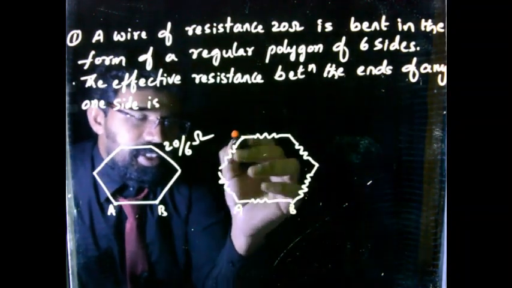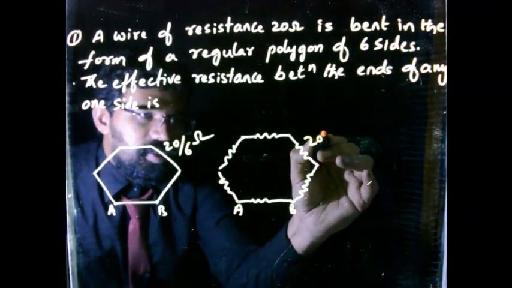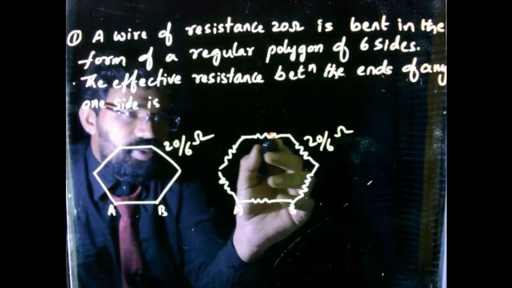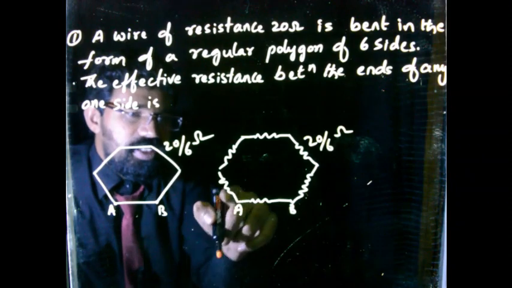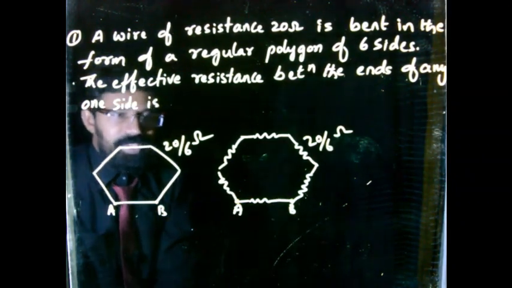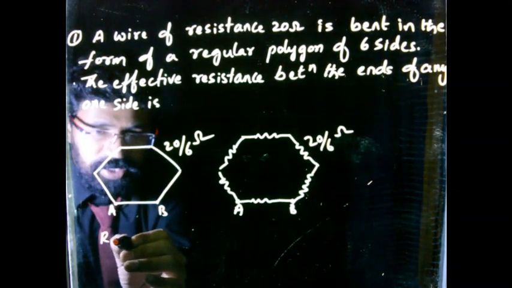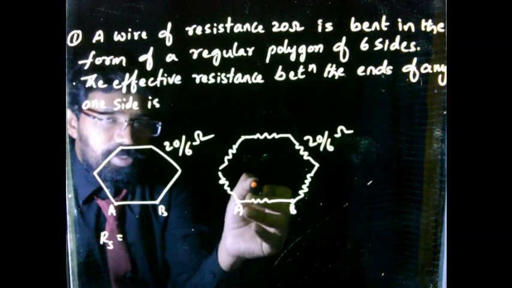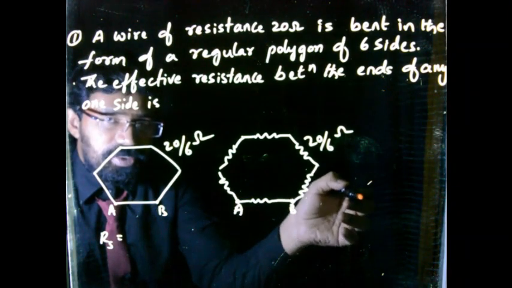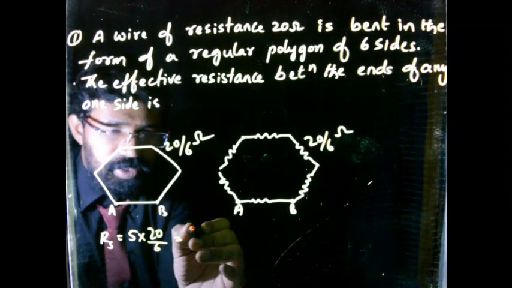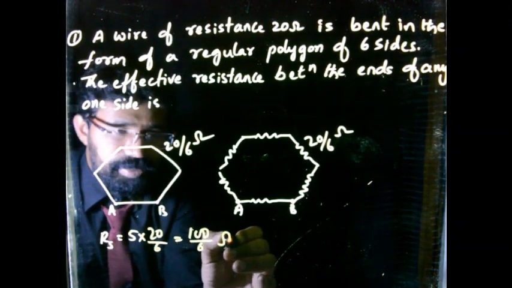So what is each resistor's resistance here? 20 by 6 ohms. All these 5 resistances are in series with respect to these 2 points, isn't it? If they are in series, effective resistance RS will be 20 by 6 plus 20 by 6 plus 20 by 6 plus 20 by 6 plus 20 by 6. So you will have 5 into 20 by 6, which is equal to 100 by 6 ohms.